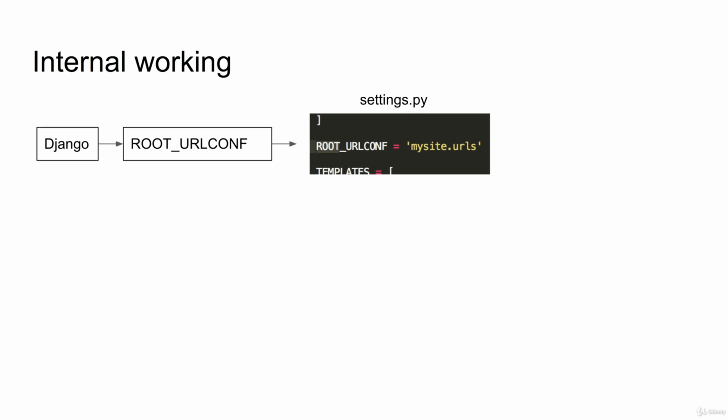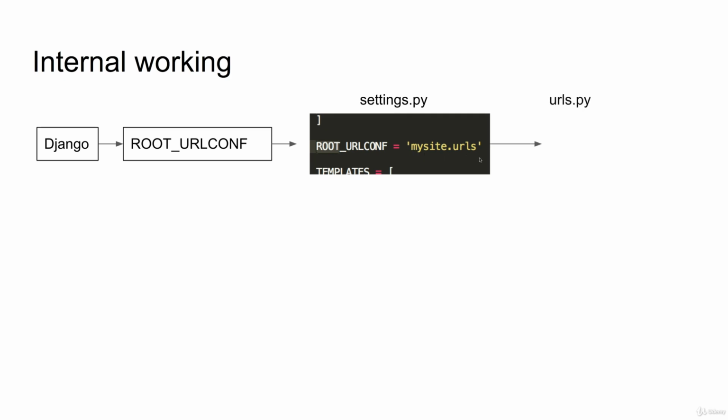That means Django is told that whenever there is an incoming user request, that is, whenever a user enters some sort of URL, Django first needs to go and look for the root URL configuration. As the root URL configuration points to mysite.urls, Django now needs to look for the URL patterns inside this file.